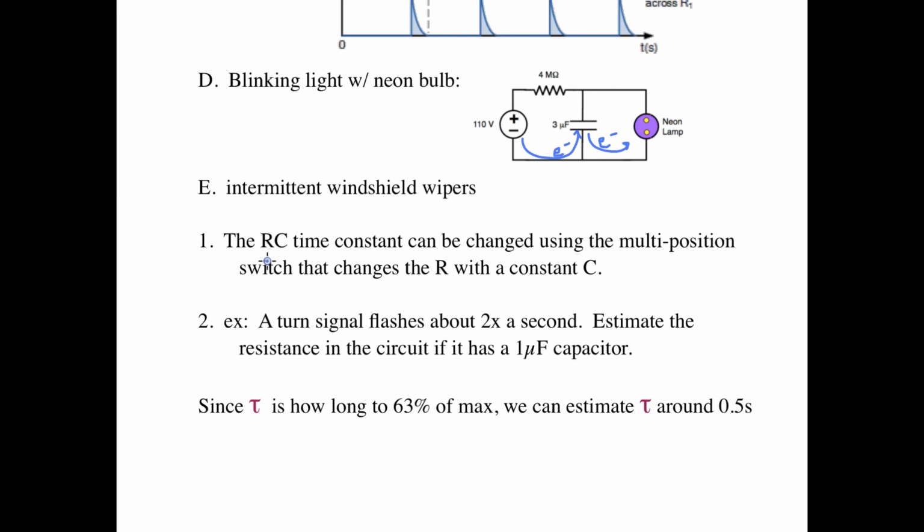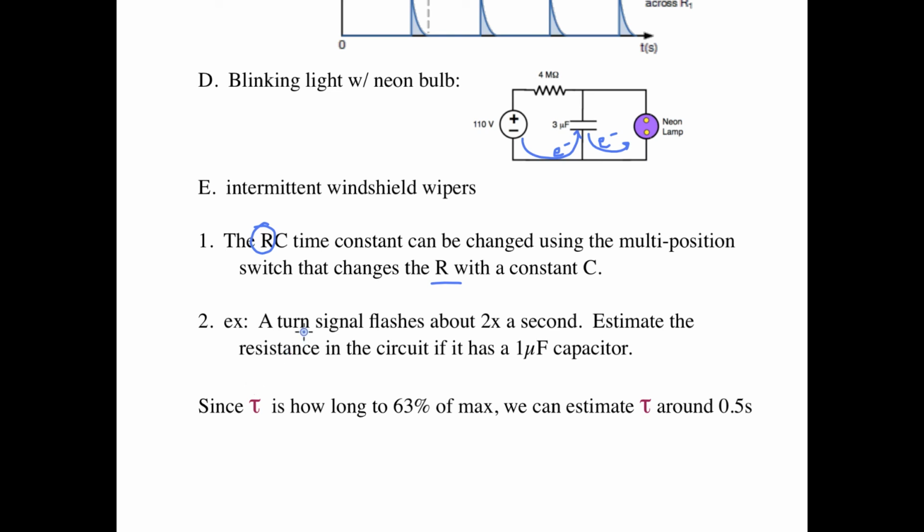And again, we like to set the time constant. We come up with a resistor where the time constant is in a range where we want to create that blinking. If you have a multi-position switch like intermittent wipers where you can change the time period, they do that by changing the resistance.